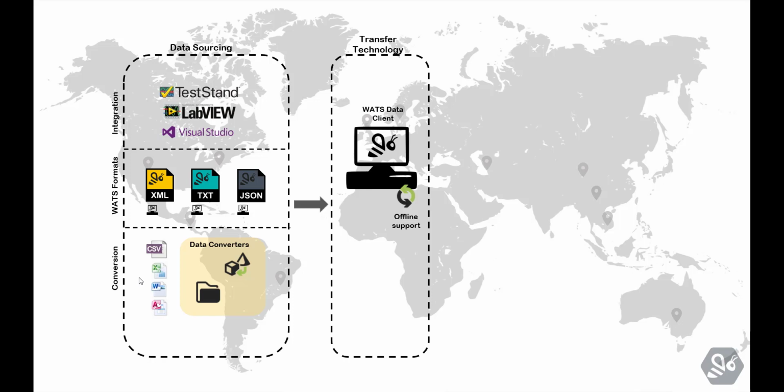It may be a quick thing to do, or it may require a couple of days of work in order to set it up and have it work solidly. But the principle is basically the same. The data converter will read a file stored from the system, or read inside of a database, and use the WATS data client to push data into the database.